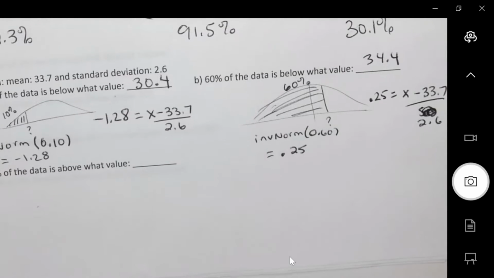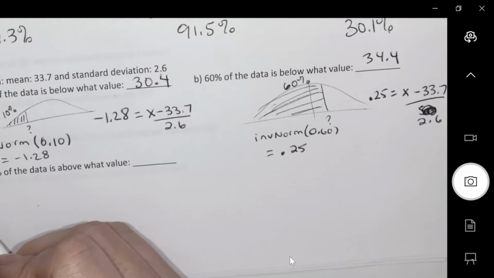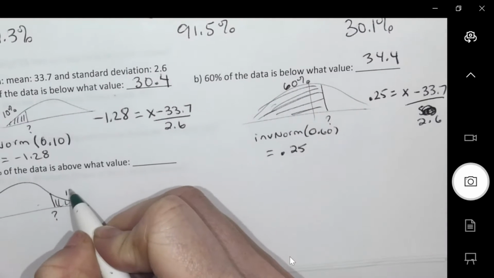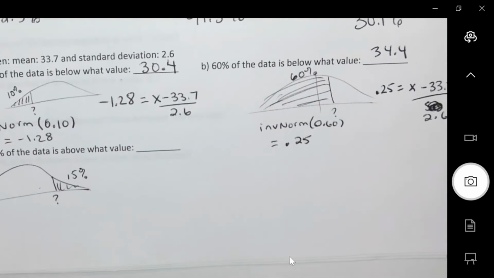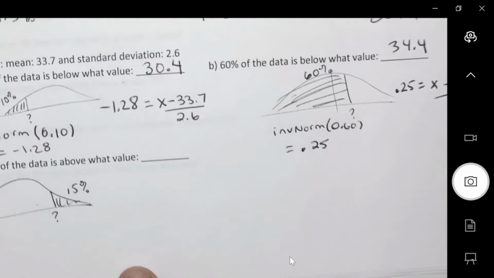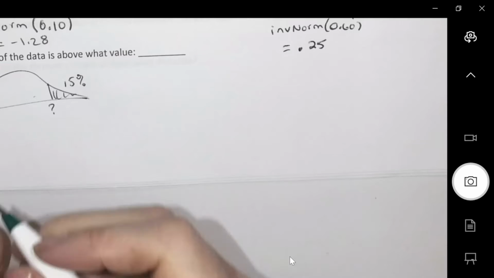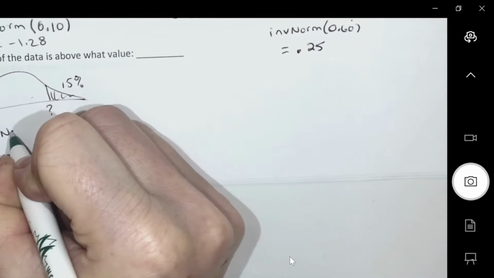Okay, 15% of the data is above what? That's my situation physically, if you want to see it drawn out. Okay, I'm going to inverse norm.